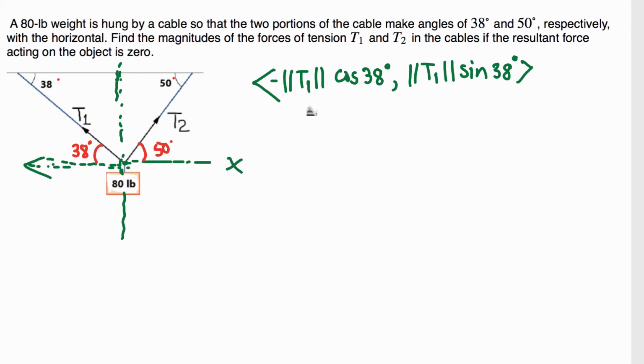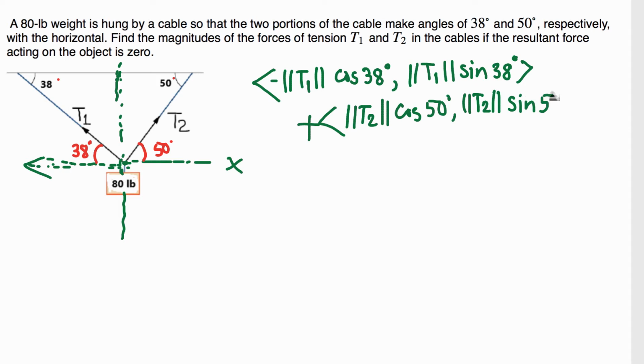That's for T1, plus similarly for T2, T2 cosine 50 in positive x direction, so this is positive, comma T2 sine 50, that's the second vector, plus for the third there is no x, it's just applied directly vertically downward, so 0. Vertical downward means negative 80, and the resultant is 0.